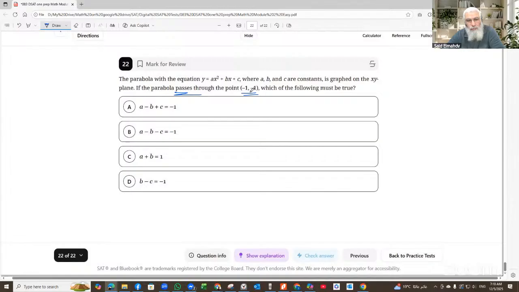Let's put this point in the equation. So y is negative 1 equals a times x, which is negative 1, squared, plus b times negative 1 plus c. Negative 1 equals a, since negative 1 squared is 1, minus b plus c. So we have a minus b plus c equals negative 1.